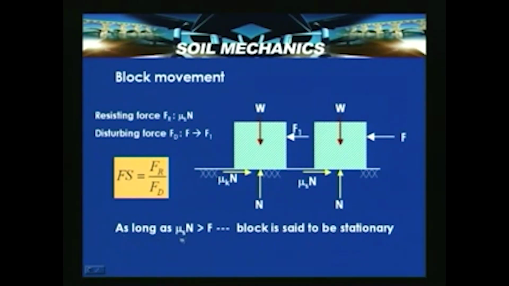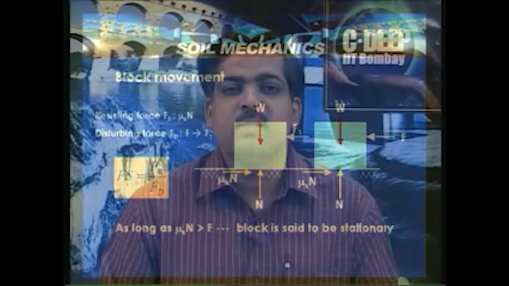So, as long as mu Sn is greater than F, the block is stationary and there will not be movement. The moment this is crossed, the block will be subjected to movement. Similarly, the same analogy applies in the field for slopes, but the orientations are different and the types of failure surfaces are different.